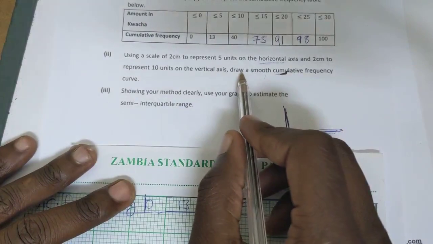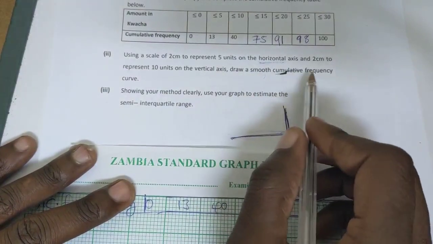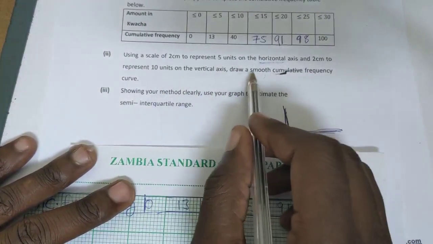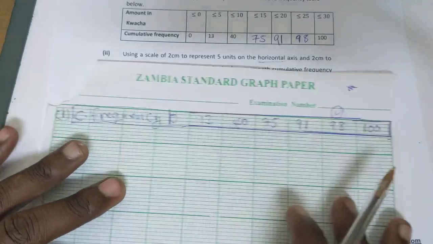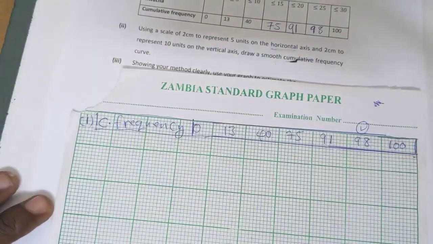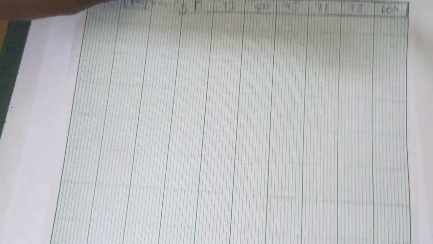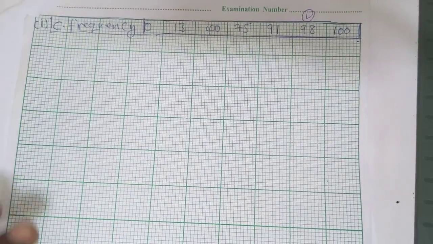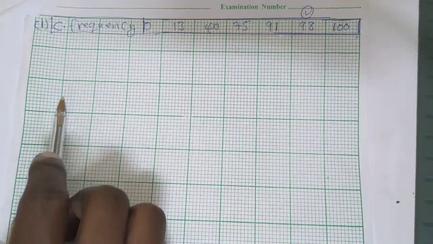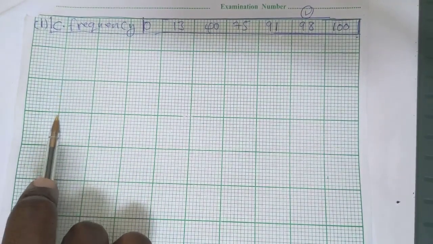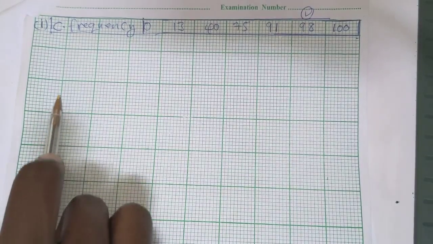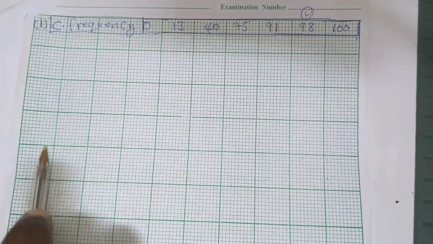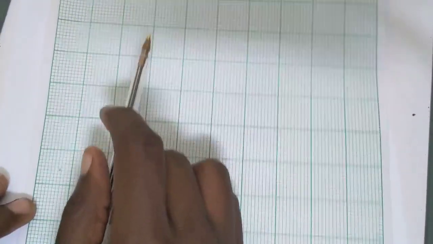So now, let's draw this smooth cumulative frequency curve. Always know that the graph of statistics should start on this line here, this whole part, like that.